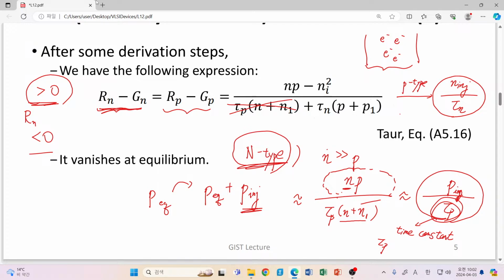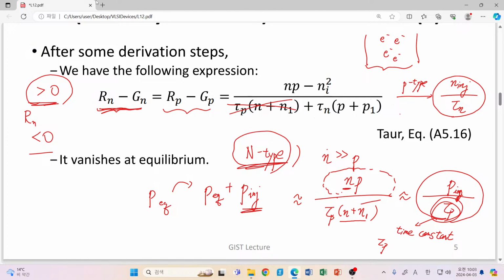Of course tau sub n and tau sub p have a similar rate, and depending on the state or cleanness of our sample, this tau can vary quite a lot.